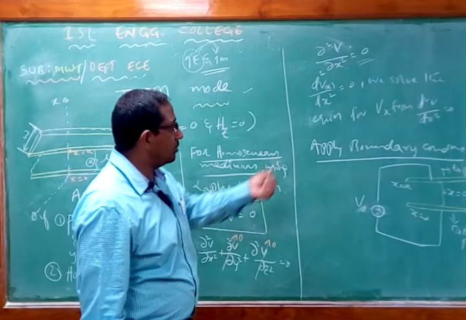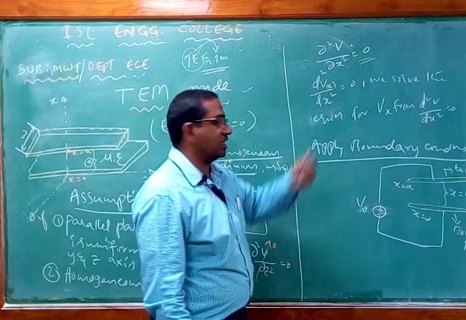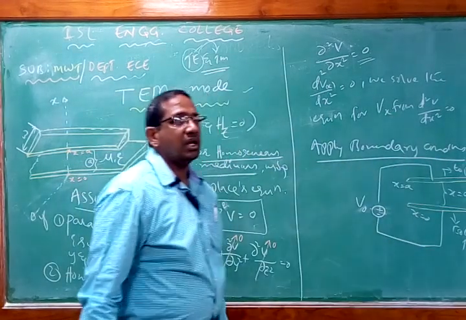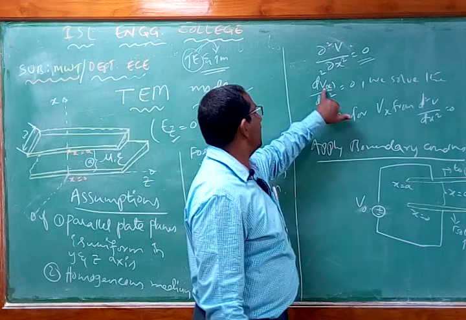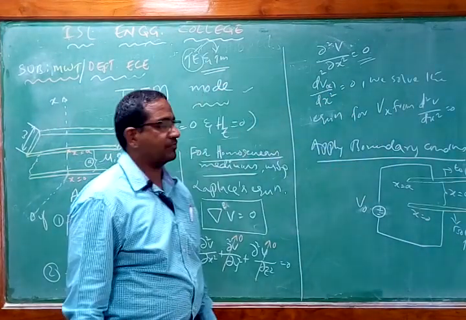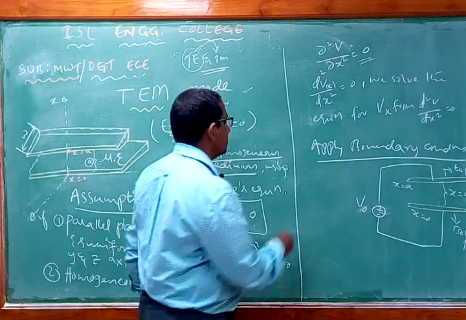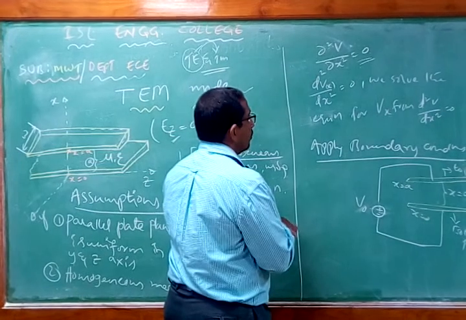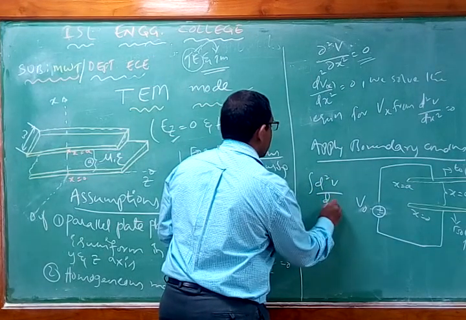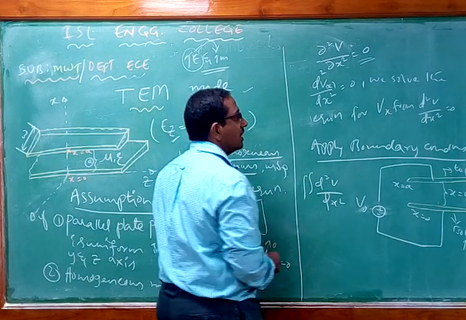Now once we look after that, what can we do next? Let us solve this equation. To solve this equation, how can we solve? Now I have to get the Vx, or this V, from this differential equation. So therefore I can integrate the above equation twice. d square V by dx square, we integrate twice.